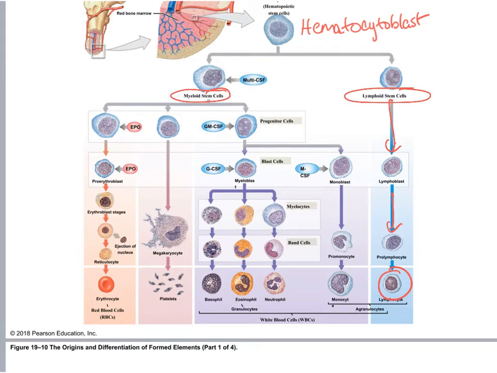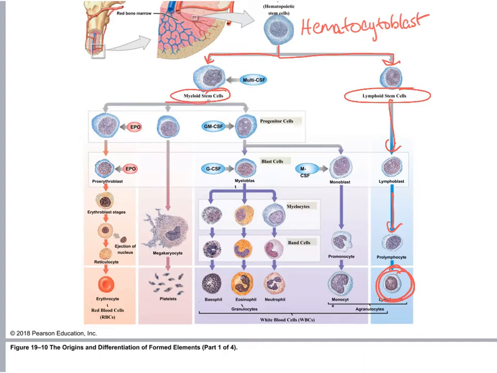So if the hemocytoblast divides and differentiates into a lymphoid stem cell, the only thing it will be able to become at that point is a lymphocyte. However, if that hemocytoblast differentiates into a myeloid stem cell, now it can become a number of things.